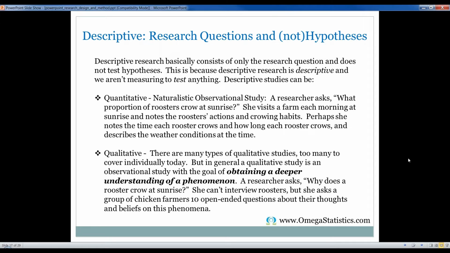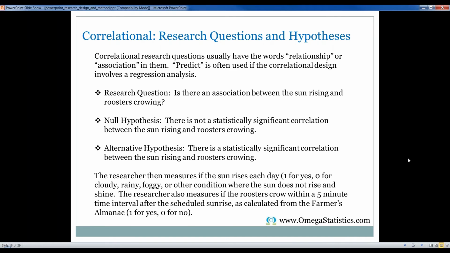Maybe she has 10 open-ended questions, and she's going to ask them about their thoughts and beliefs on the phenomenon. So her study actually would be about the farmers' perceptions of why roosters crow, not actually strictly about the roosters. So she's adding in that element of the farmers. Okay, that's pretty cut and dry.